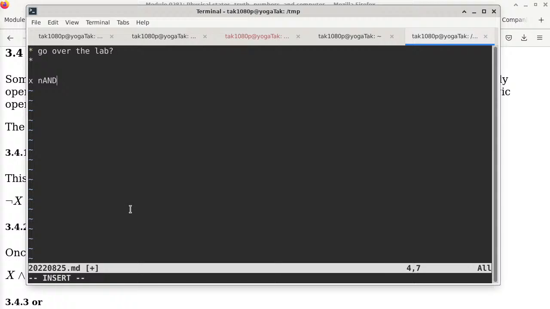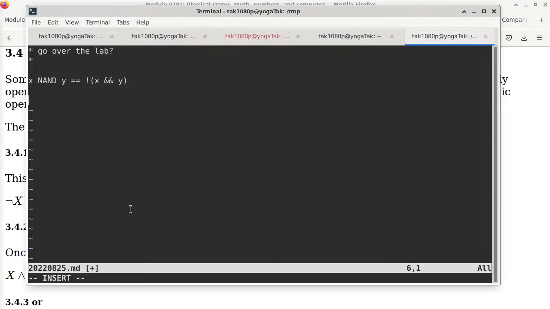So x NAND y is basically the same thing as the negation of x and y. I already presented what NAND is representing last time, and this is just a quick review of what we knew from last time.